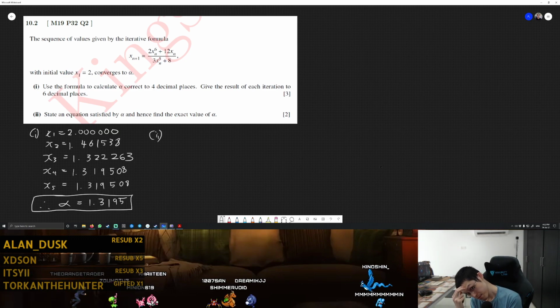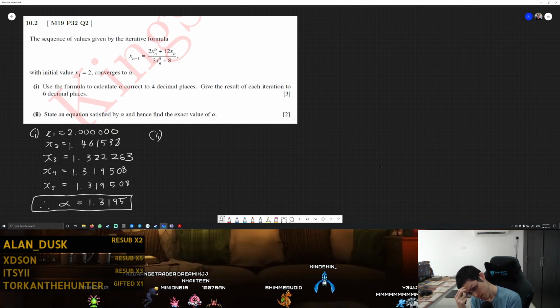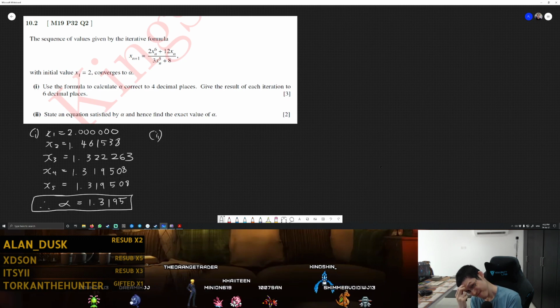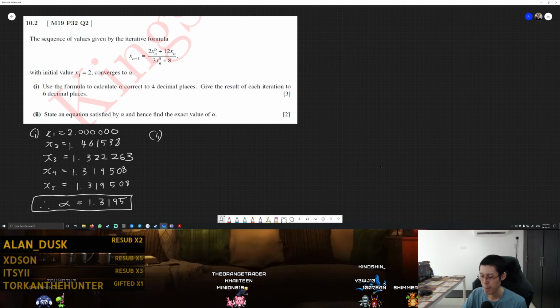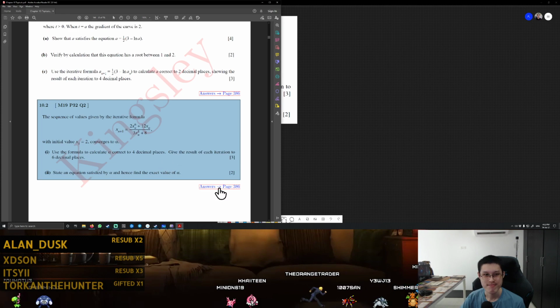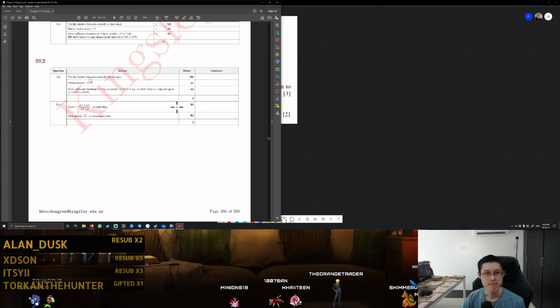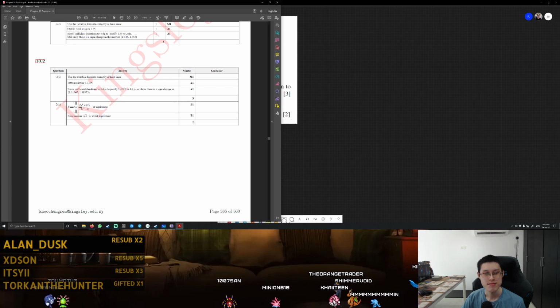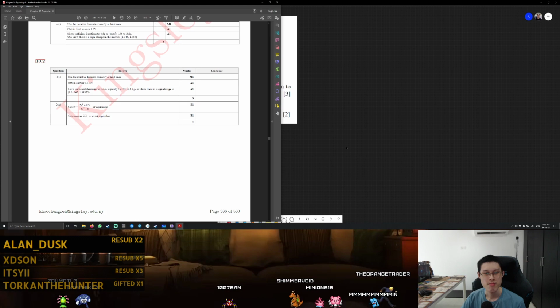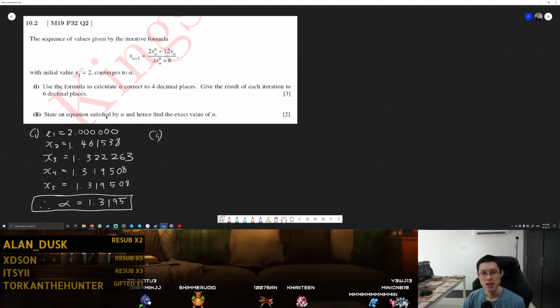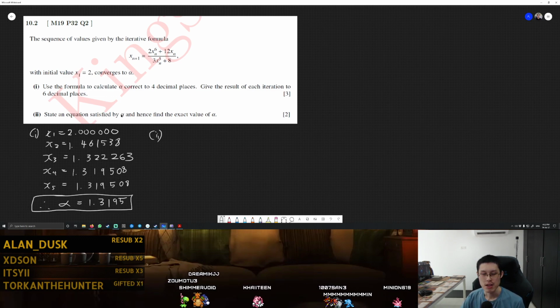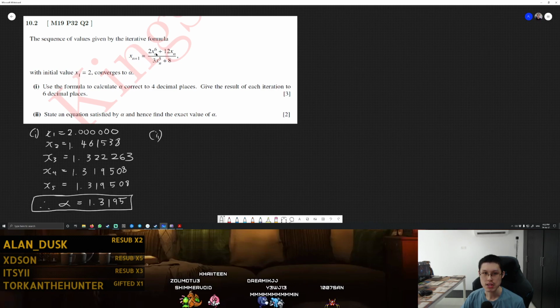Okay, so to find the equation satisfied by alpha, all you have to do is write this thing again, but you remove all these subscripts.